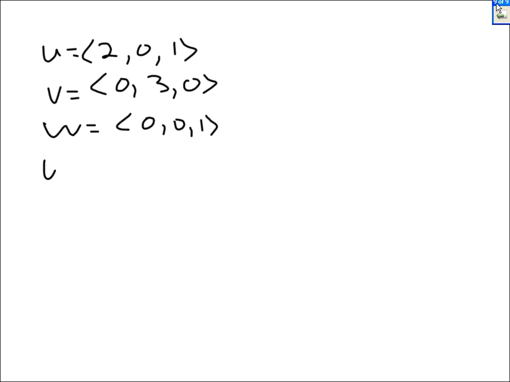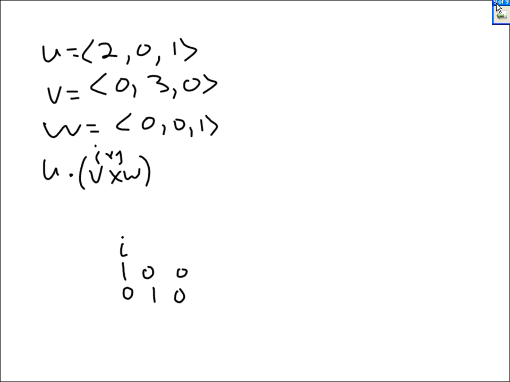And we want to compute u dot v cross w. Now before, I think we had i cross j. To direct it, i is 1, 0, 0. And j is 0, 1, 0.